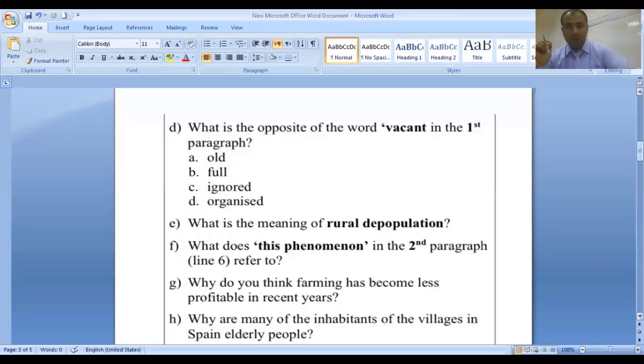Just raise your hand. It's very easy. Vacant means empty. And the opposite of empty is what? Full. Number B. Full is the correct answer.